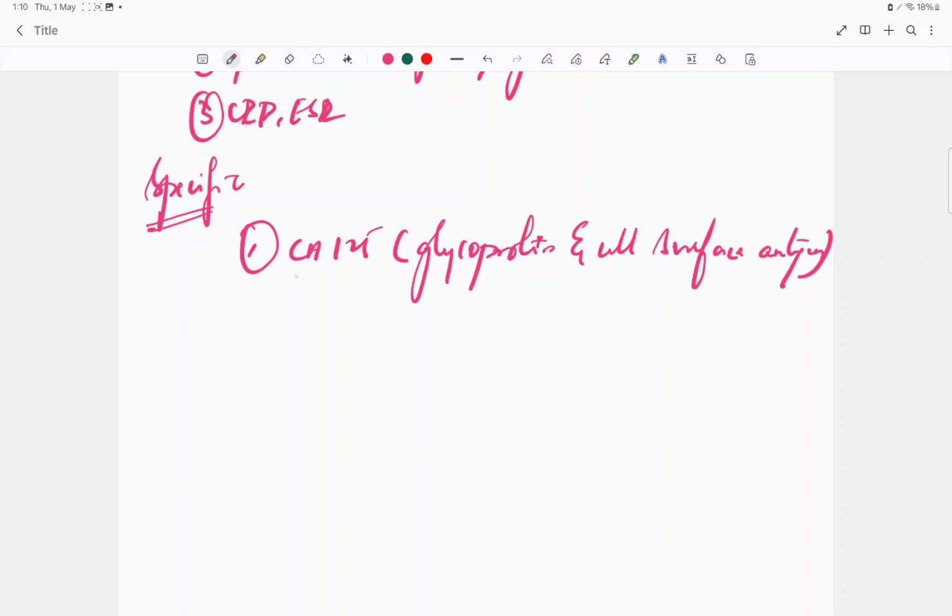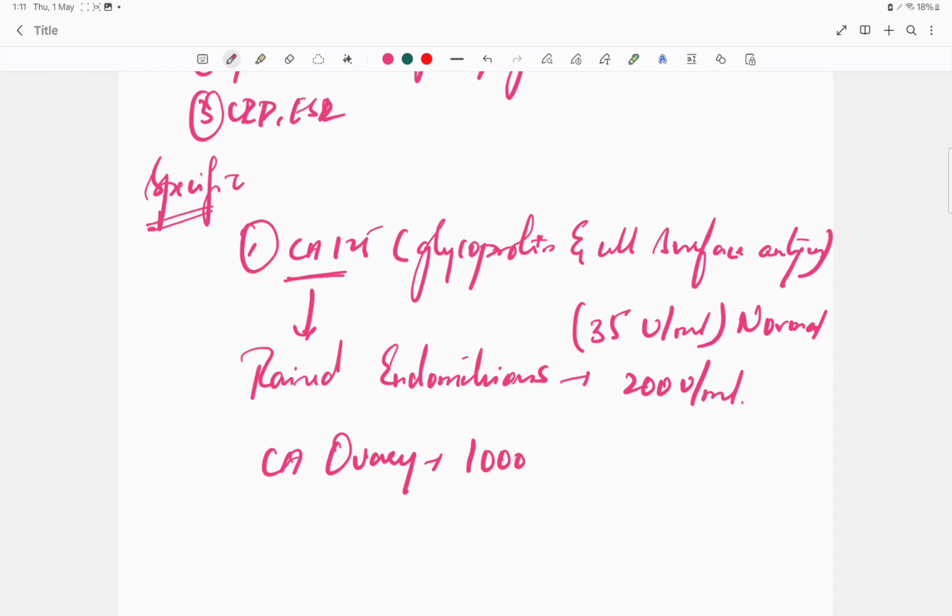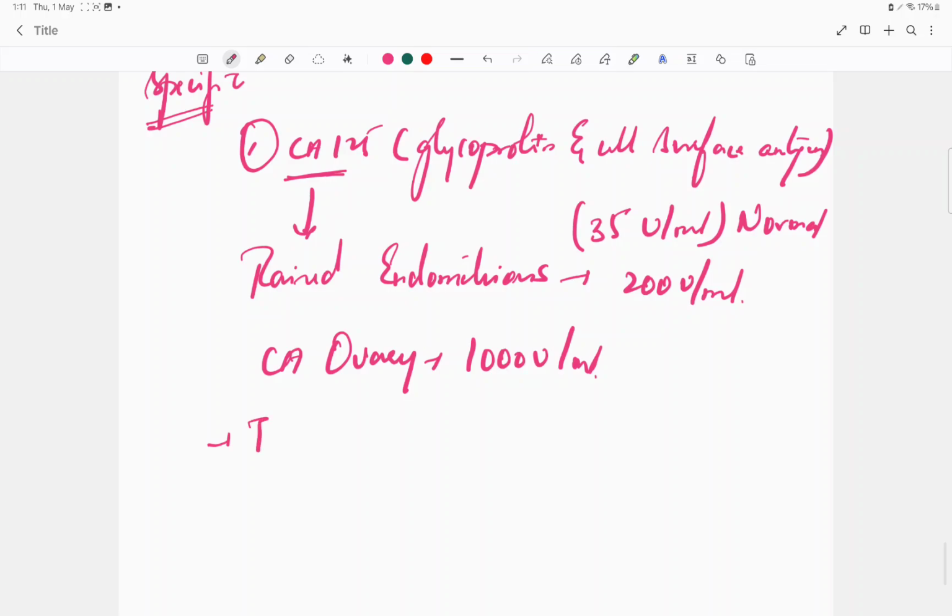But CA125 will also be raised in endometriosis. What is the normal value? It is 35 units per ml. It will go up to 200 units per ml in endometriosis, and up to 1000 units per ml in CA ovary. You can also see raised CA125 in tuberculosis.